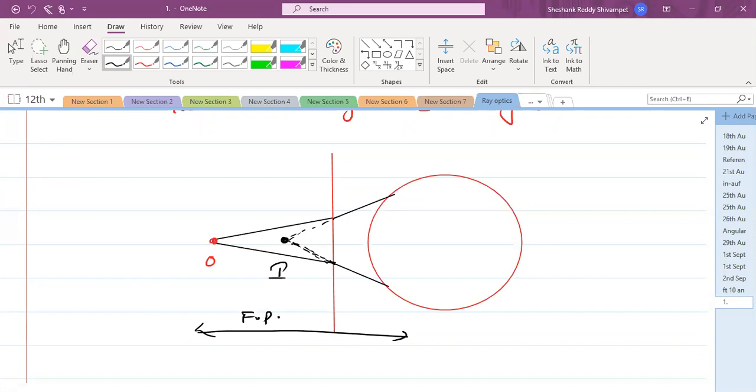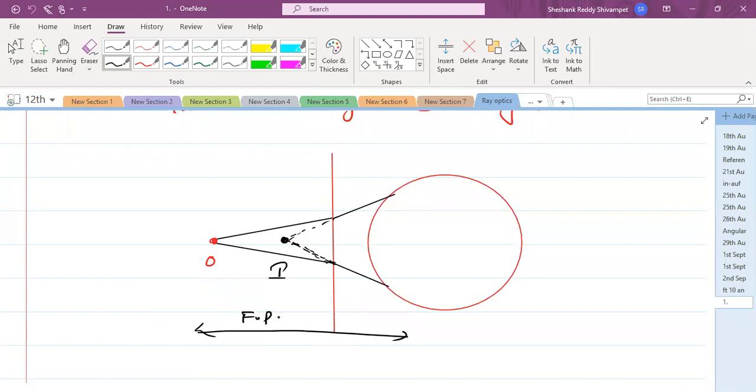Yeah, the object will appear nearer. Yeah. Near point will not be less than 25. I mean, that depends.